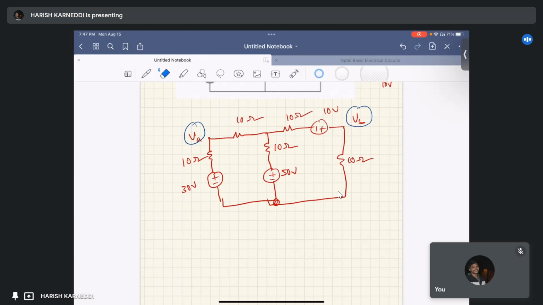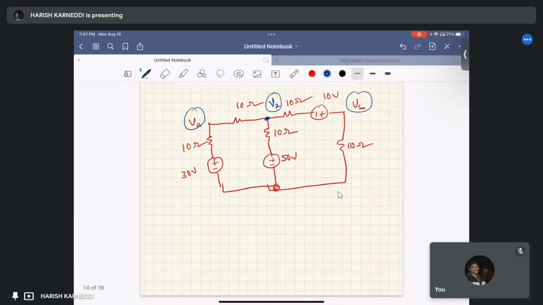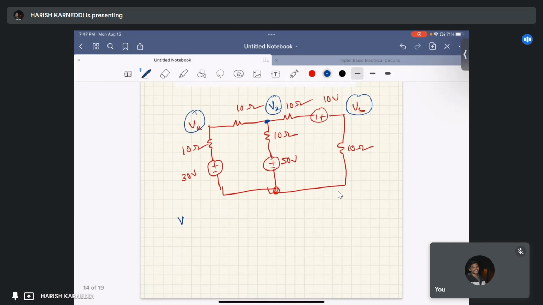I am just applying nodal analysis at this point. I consider this as Vx. That Vx minus 30 volts by 10 plus 10, that is 20, plus Vx minus 50 by 10, plus Vx plus 10 by 10 plus 10, this is 20, equal to 0.